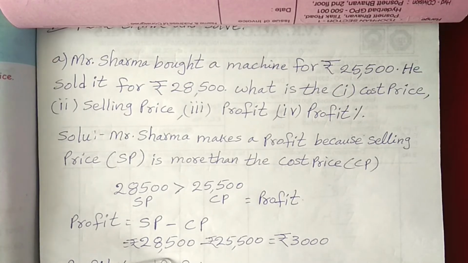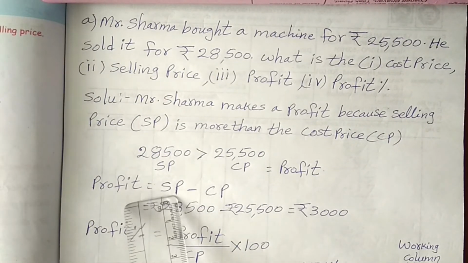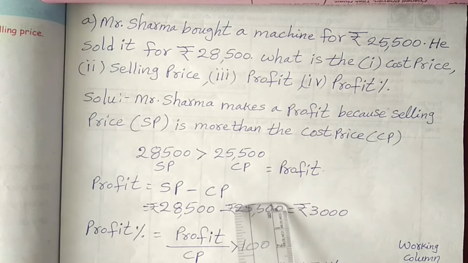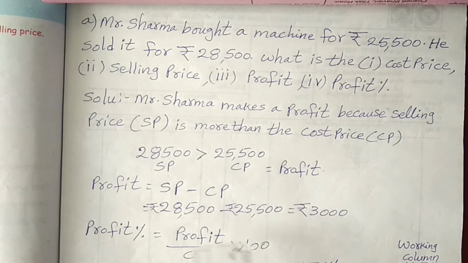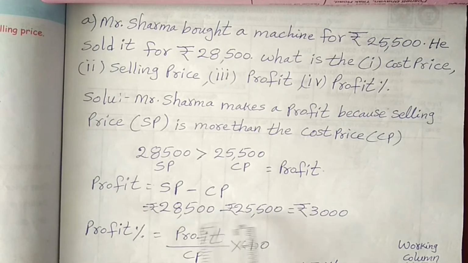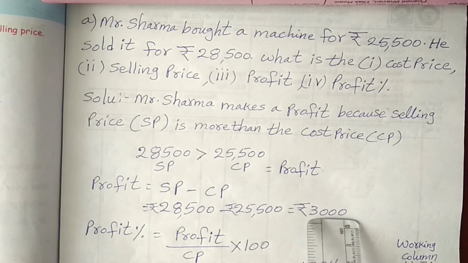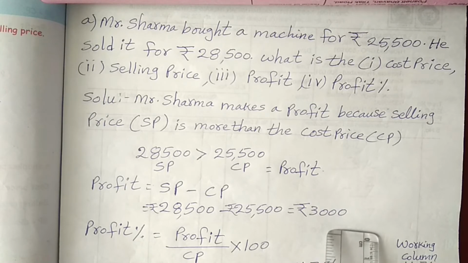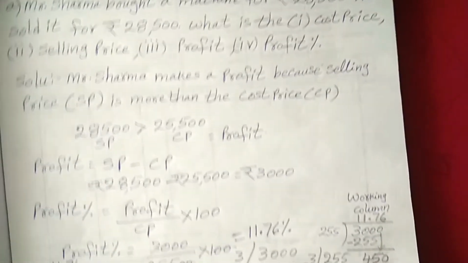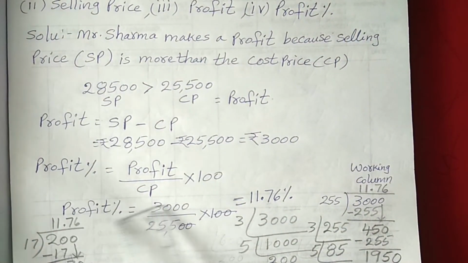Now how will we find the profit? Profit is equal to selling price minus cost price, that is 28,500 minus 25,500. The answer is 3,000 rupees profit. Now calculate the profit percentage.